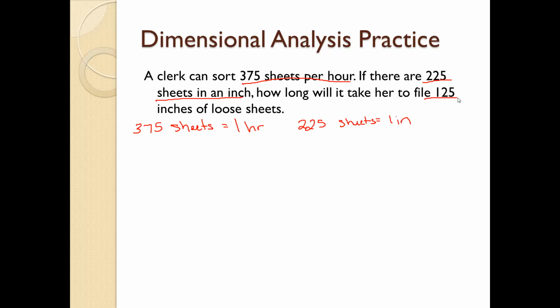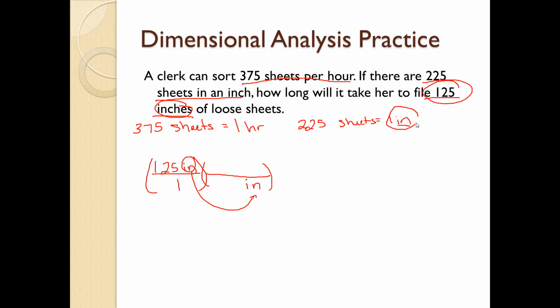So that's going to be our starting point. 125 inches is going to go over 1. We have inches on top, so we need inches on the bottom of the next one. So we look at our conversion factors, we look for inches. Right here, 1 goes with inch, and that equals 225 sheets.